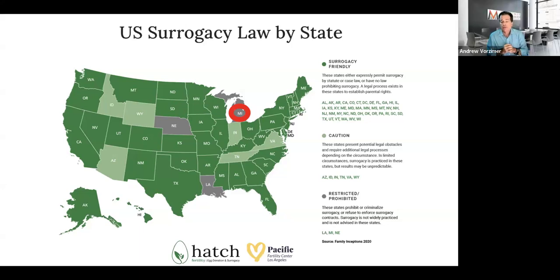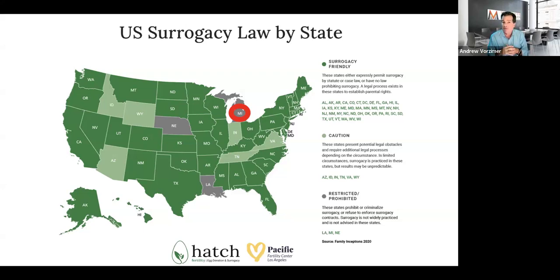So absolutely. If intended parents need to use an egg donor, as an example, the ability to get a pre-birth order is significantly impacted. So where I've talked about 45 jurisdictions we can safely do surrogacy in, if donor eggs are involved, we may reduce the recommended states to 25 because of the ability to get that pre-birth parental order.